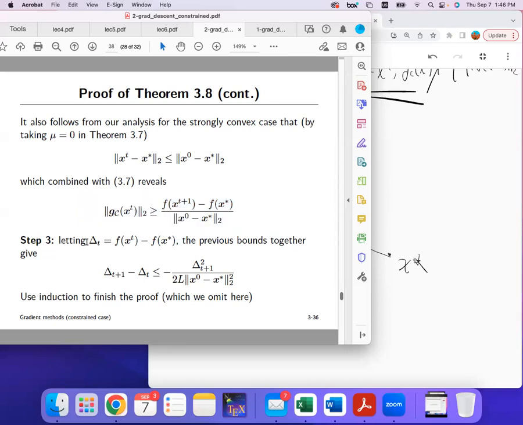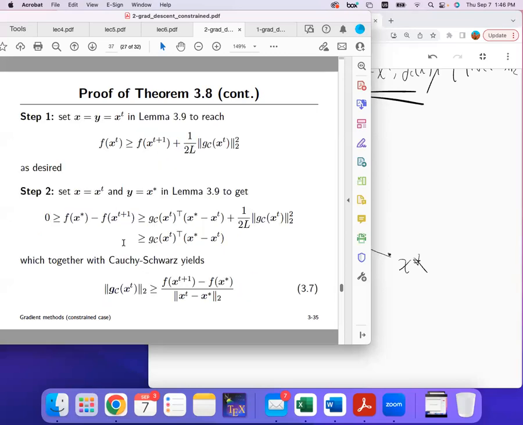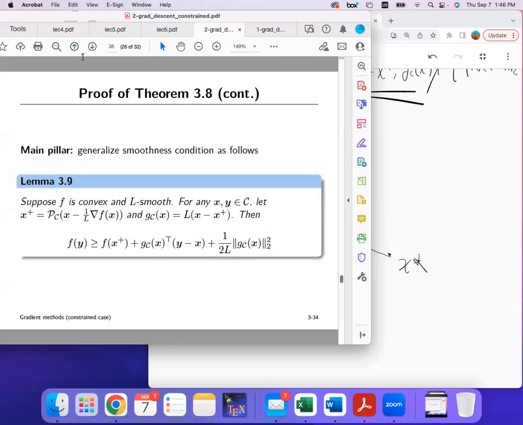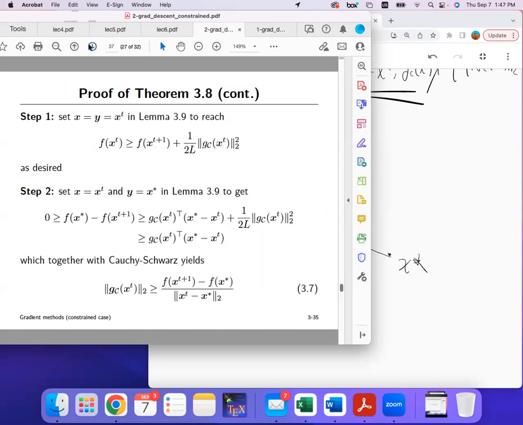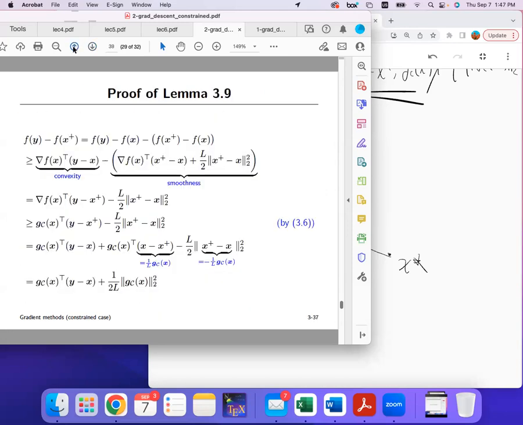And then the last step is basically combining step 1 and step 2. Combining those two, we can establish this recursion. And so the key is to prove this very general result. I did not include the proof here, but we have the proof for this result, so maybe we can go over this part next time.